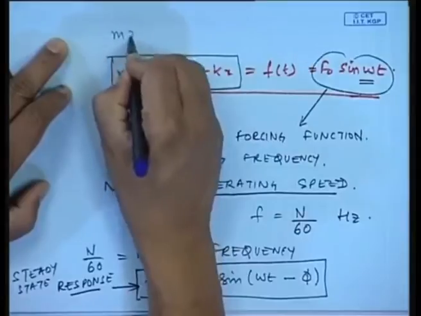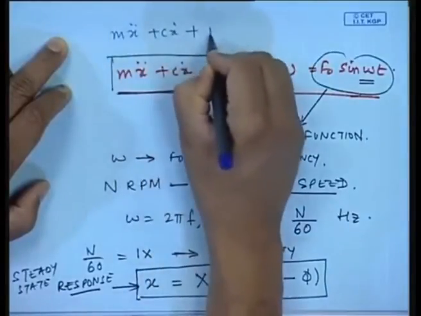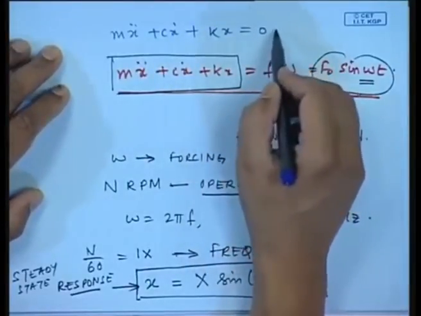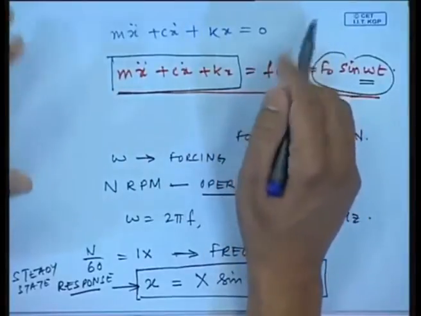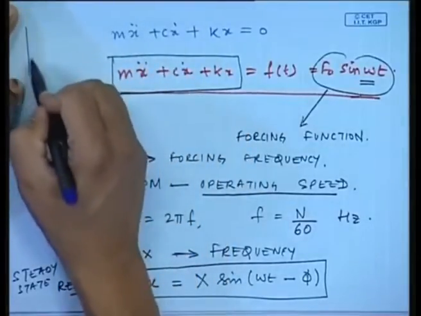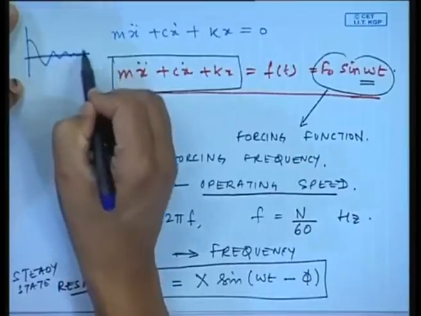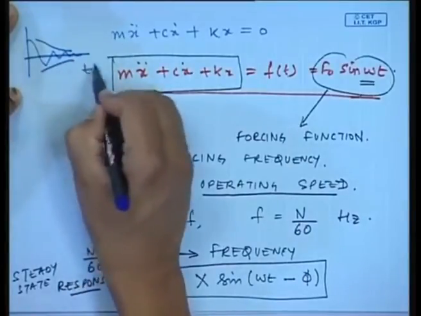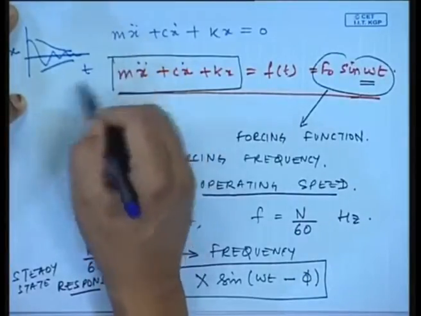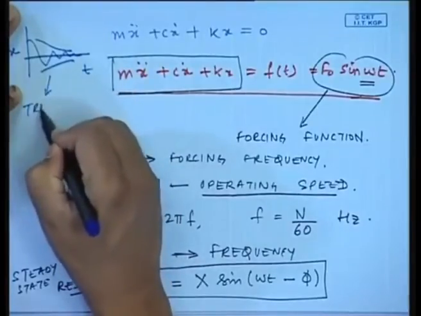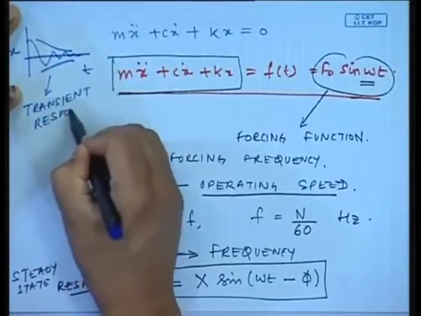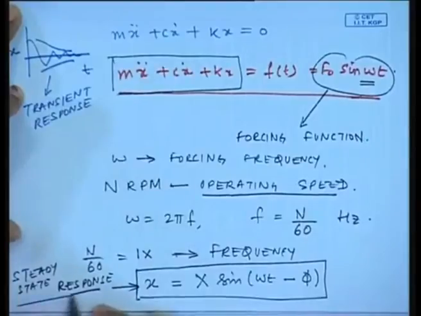If the right hand side was 0, that means there is nothing to excite it, and if there was a small disturbance to the system, it would actually have certain oscillations which would damp out because of the damping present in the system, and such a response is known as the transient response, as opposed to the steady state response which I have written here.